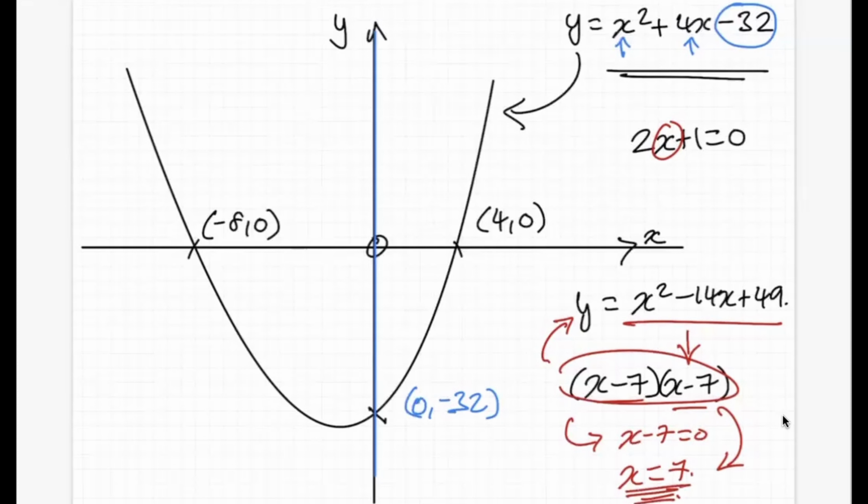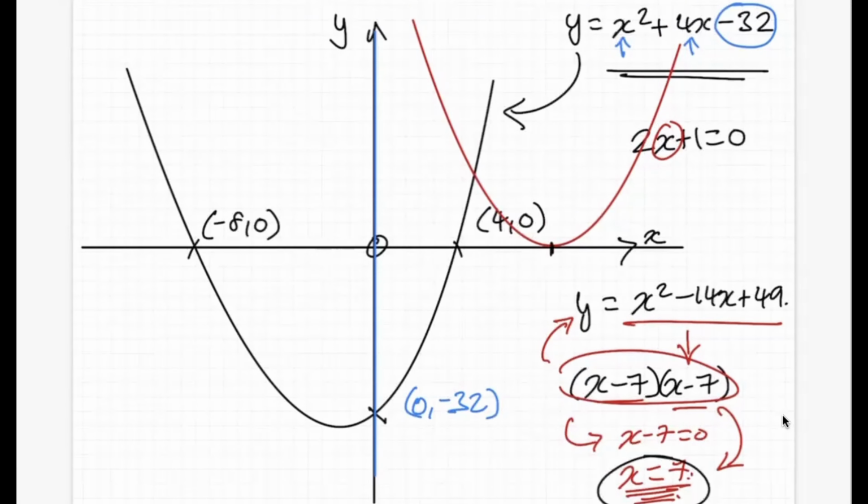And what this means, because you only have one solution, is that this graph is going to touch the x-axis at 7. So that will look something like that. The graph will look something like that. Because in this case, this graph is only touching the x-axis at one point, right?